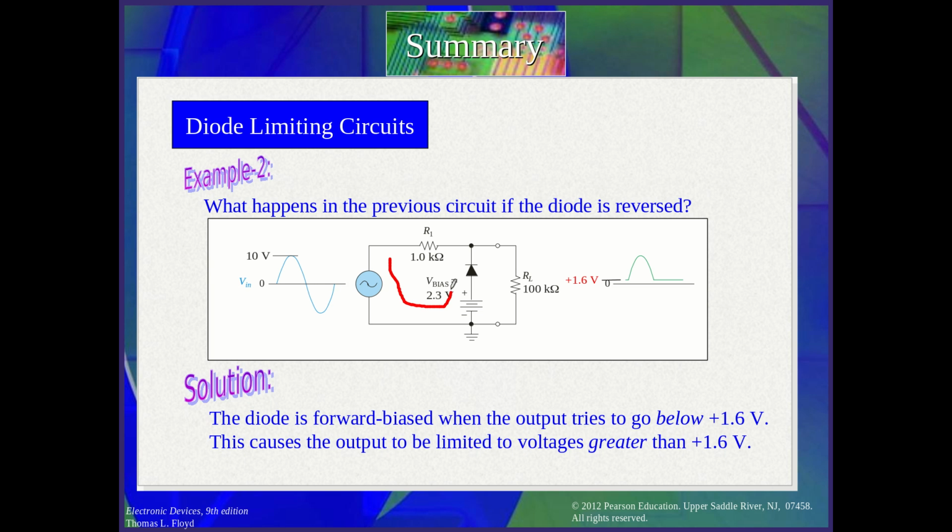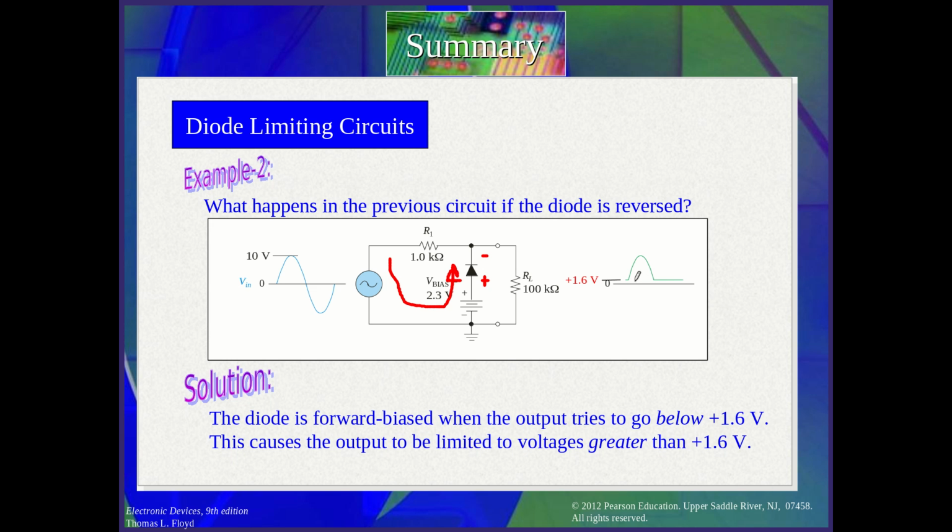So it will cut off in the negative half cycle. But what is the value? Here it is minus, here it is positive, here it is minus. So 2.3 minus 0.7 should be 1.6. This is the cutoff. So it is not only in the negative half cycle of the input, it is also on the positive side.